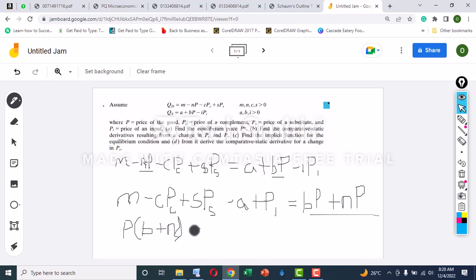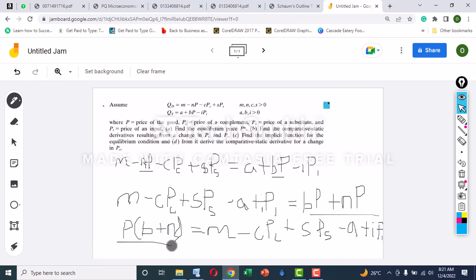By the time you factorize this side, B plus N will now be equal to everything we have here: M minus C PC plus S PS minus A plus I PI. So yeah, partially done.